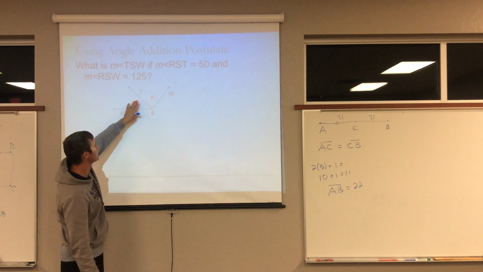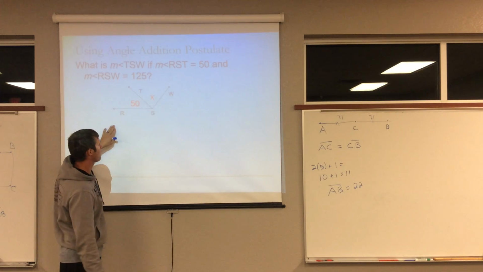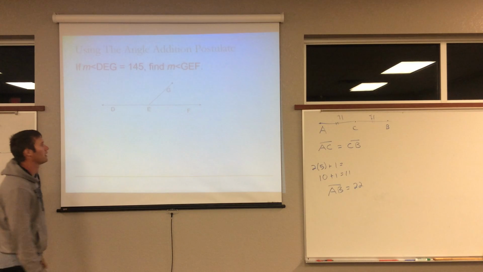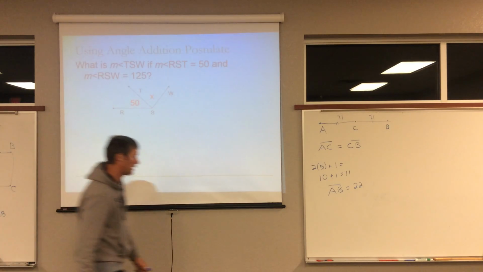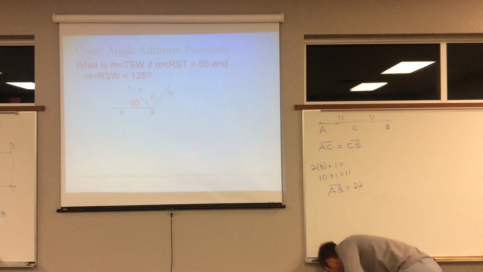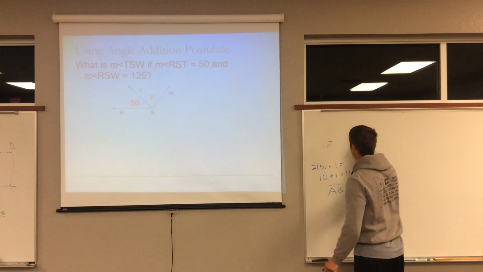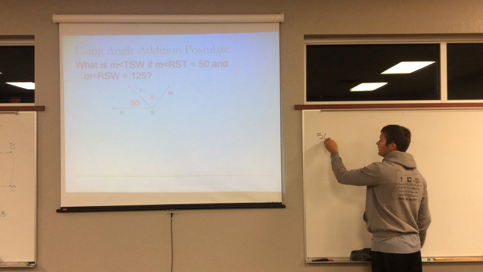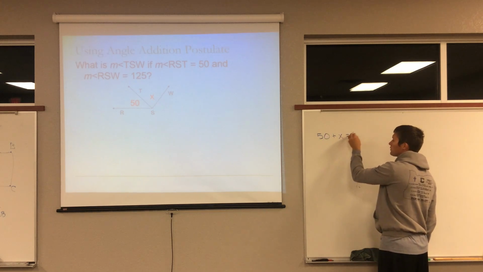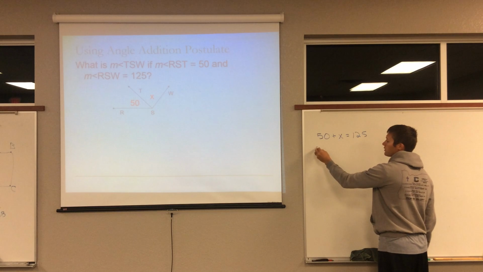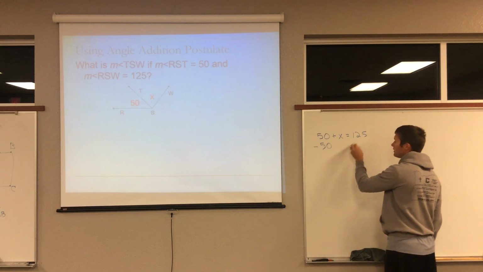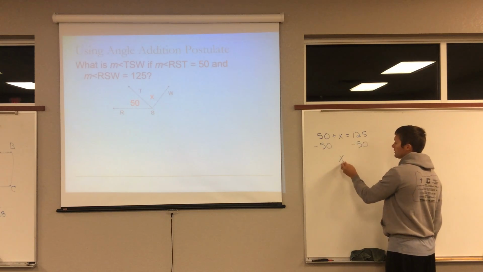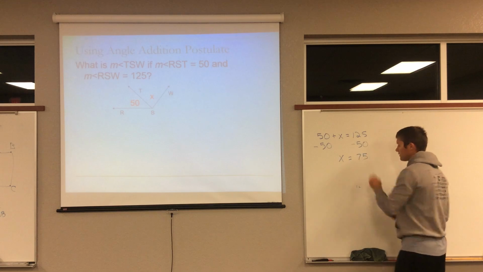We know 50 degrees plus x degrees would equal the whole thing of 125. So we go ahead and state that and solve it. 50 plus x equals 125. Solve it by subtracting 50, and x equals 75 degrees.